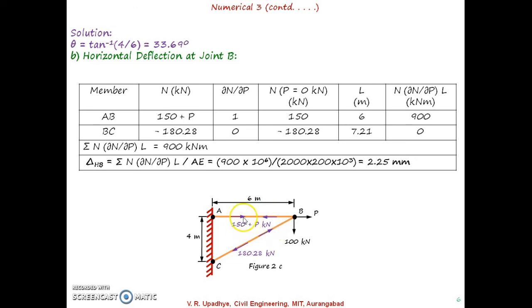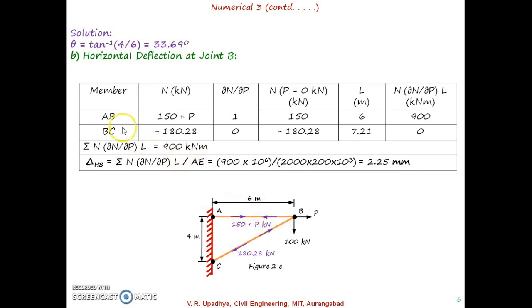So that gives us an internal member force of 150, and the P force is acting at joint B. Then the internal member force in member AB will be tension, and that will be 150 plus P. So that gives us the internal member force in member AB.